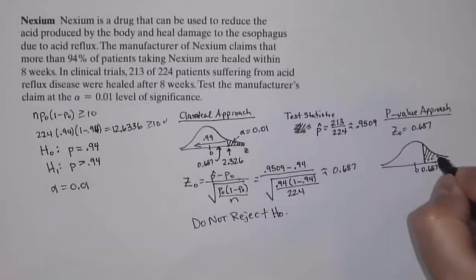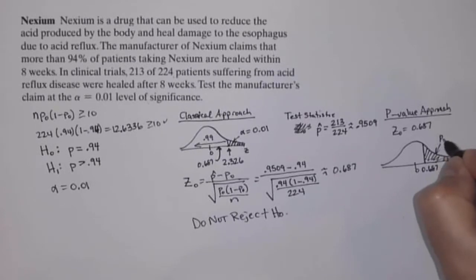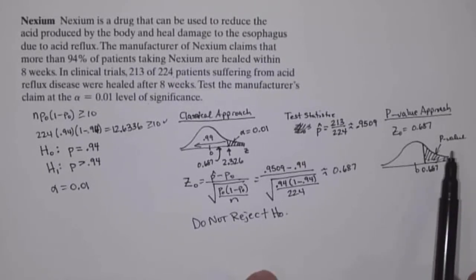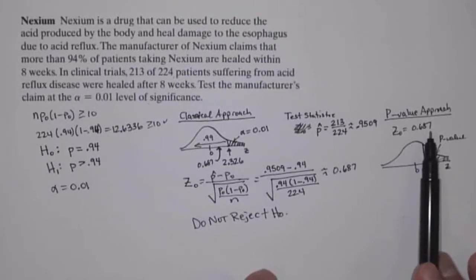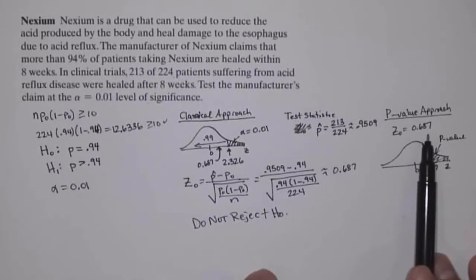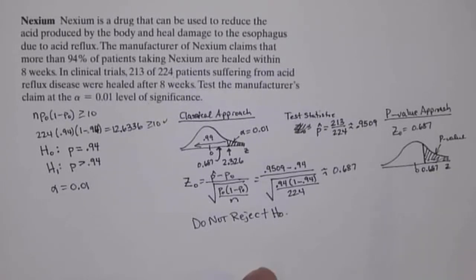So this area right here would be the p-value. So how do I find the area to the right of 0.687? Well, I can use the standard normal table, I can use my normal CDF command on the calculator, or I can use the normal calculator in StatCrunch. Using whichever one of those methods you prefer, you can find the area to the right of 0.687.